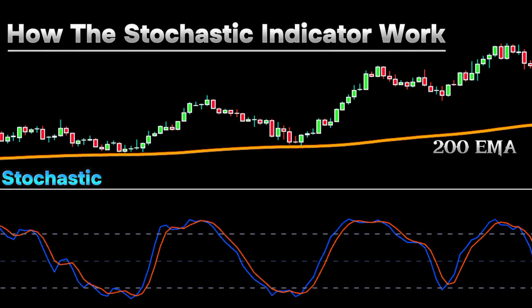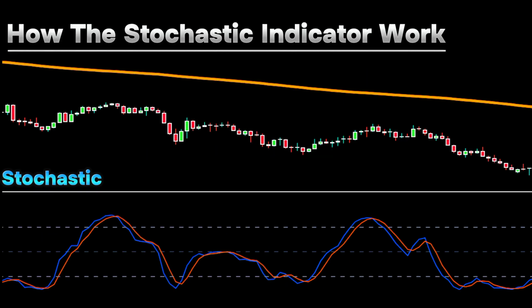So if the price is above the moving average and the stochastic indicator hits the oversold region, you take a buy position. And when the market is moving below the 200 exponential moving average line, we are only looking out for selling positions. So when we have the market moving below the moving average line and the stochastic indicator hits the overbought level, we take a sell position.